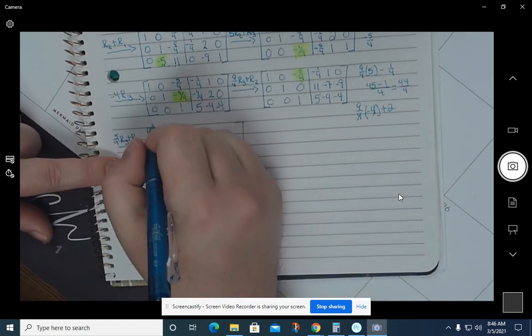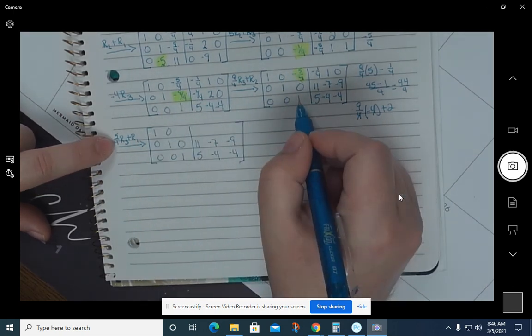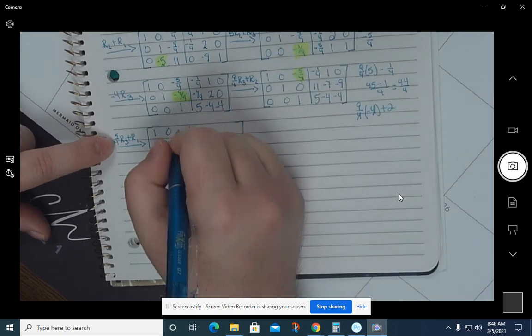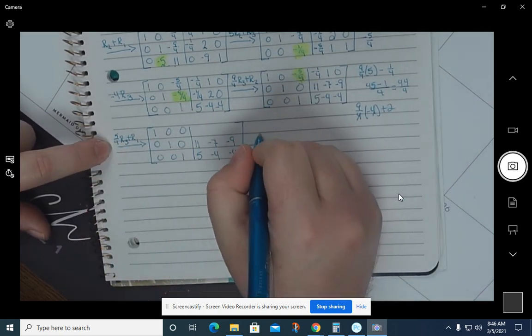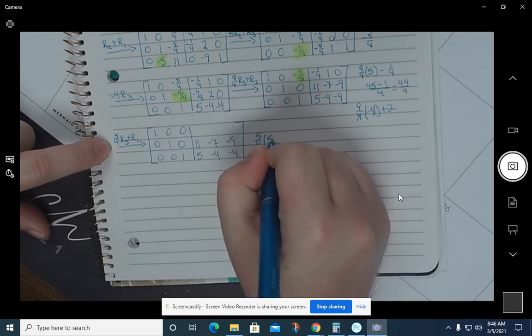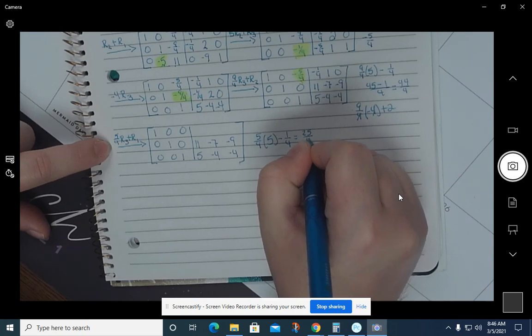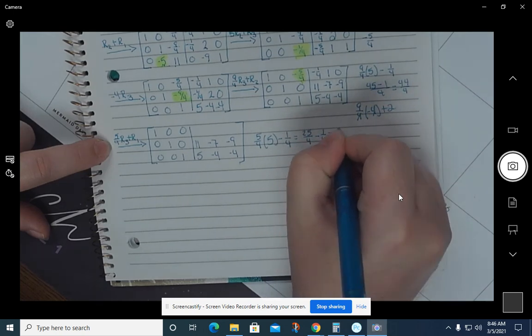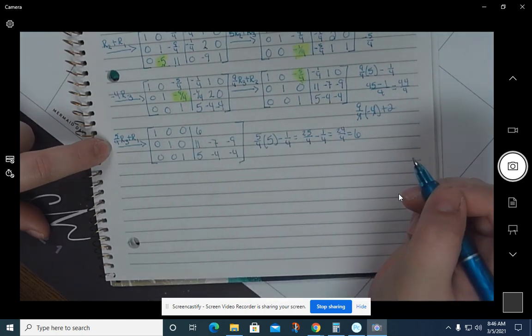Okay, anything times 0 plus 1 is 1. Anything times 0 plus 0 is 0. 5/4 times 1 is 5/4, minus 5/4 is 0. Then I'm going to have 5/4 times 5 minus 1/4. So that's 25 over 4 minus 1 over 4, which is 24 over 4, which is 6.